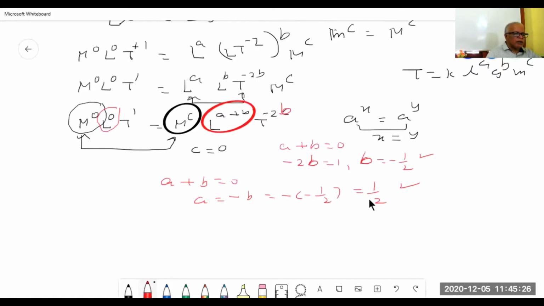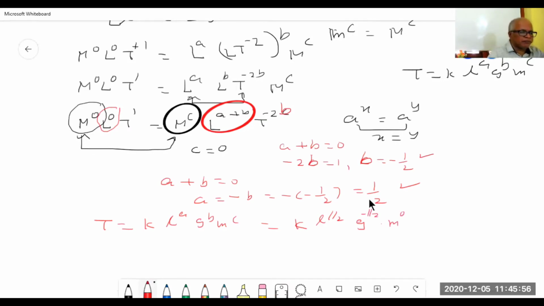Now, what relation do we have? The first relation was T is equal to K, L raised to A, G raised to B, M raised to C. Put the values here. A is 1 by 2, L raised to 1 by 2, G raised to minus 1 by 2, M raised to 0.